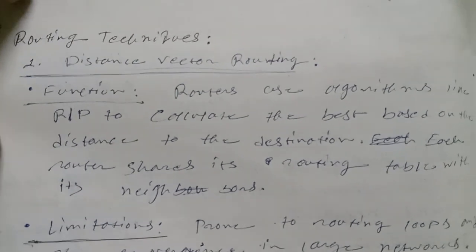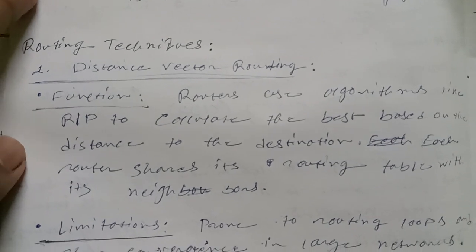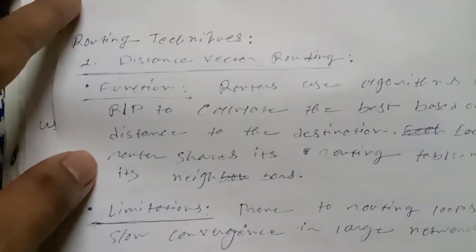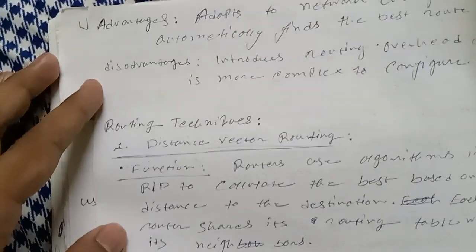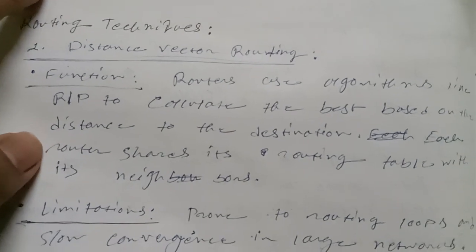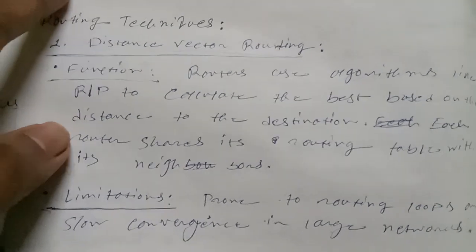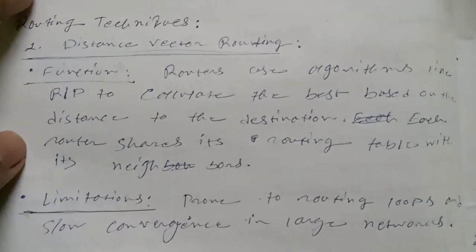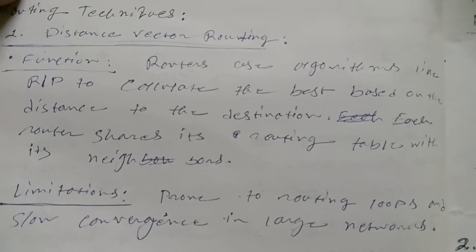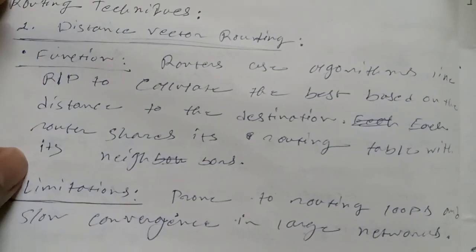Routing techniques include distance vector routing, link state routing, path vector routing, etc. Let's see them one by one. At first, distance vector routing. Routers use algorithms like RIP to calculate the best route based on the distance to the destination.